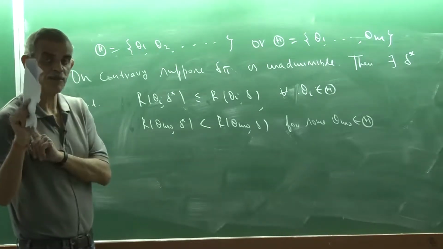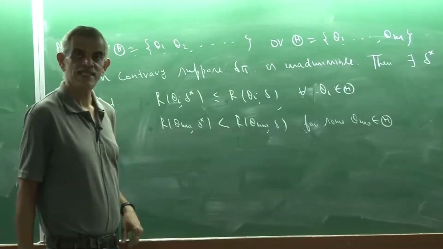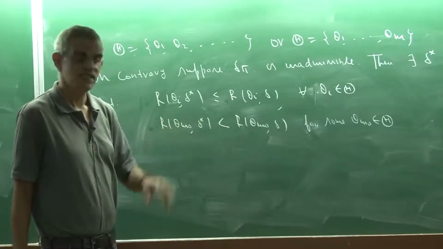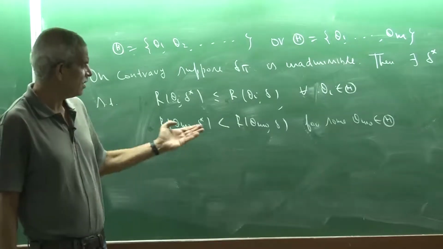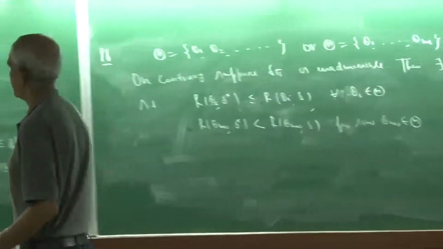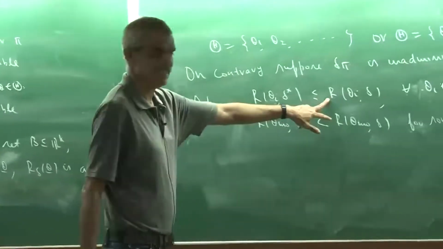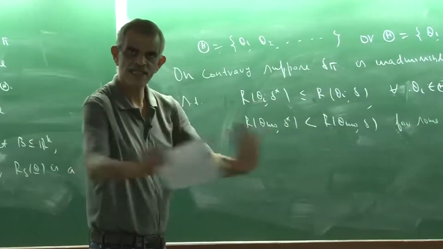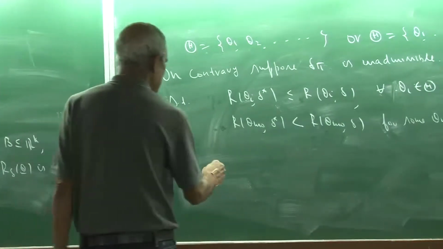If pi theta m naught was not given to be greater than 0, then the inequality would not be strict, because if it is 0 it would become equal. That is why this assumption plays an important role. So if I multiply by pi theta I here and pi theta m naught here, the inequalities remain as they are.